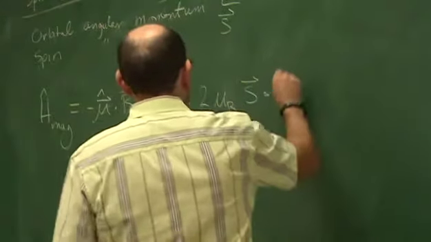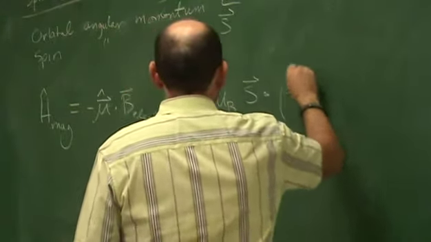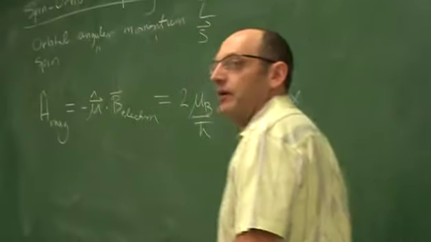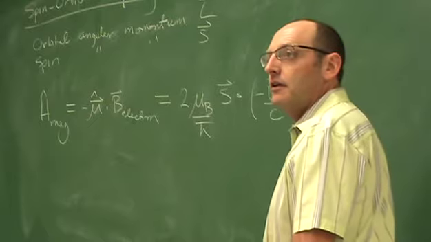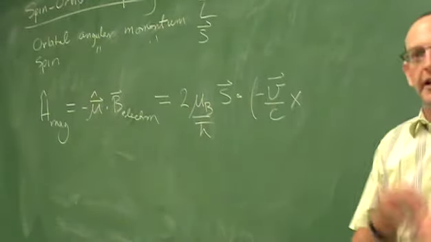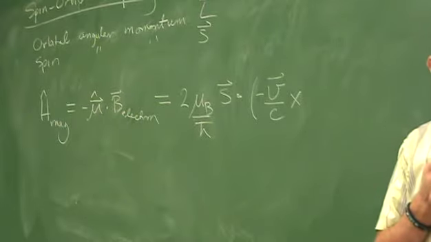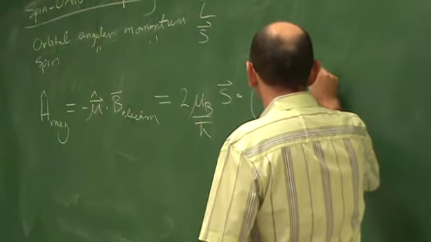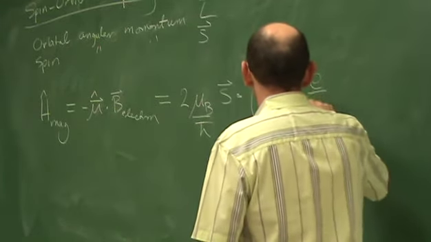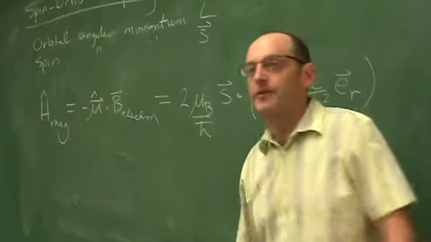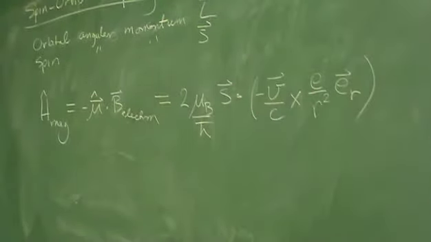But we just said that that was equal to minus v over c crossed into the electric field seen by the electron. And the electric field seen by the electron is the electric field generated by the proton. So that's the electric field, the charge divided by the distance squared in the direction of the electron. Right? That's the electric field.